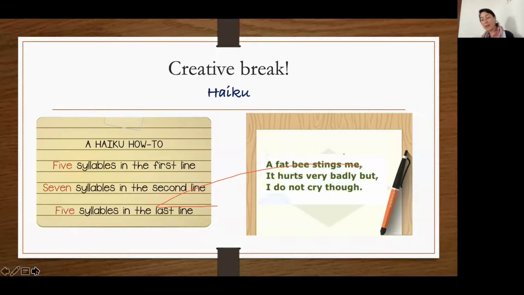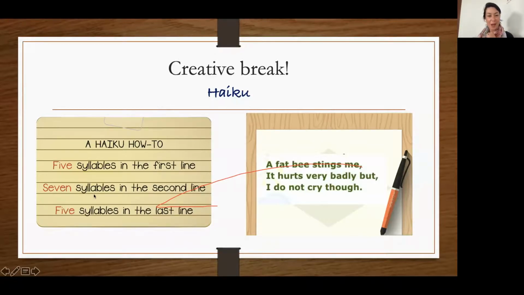We don't use but and though together in the same sentence, but it's okay because it's a haiku. Maybe you don't use a subject. We don't have to follow these grammar rules. We can use vocabulary very freely. And so this is a nice break from our usual writing.